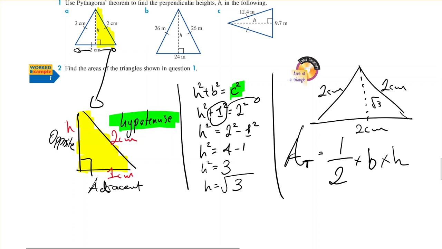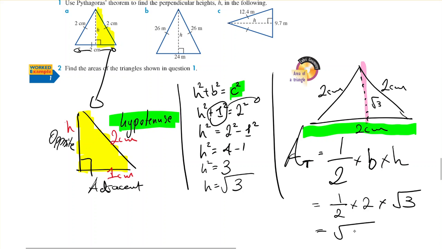Now that we have got the height, we can calculate using this formula. So, this area of the triangle is a half times 2 centimeters. I take this whole base here, the whole base times the height, which is root 3. And your answer should be just square root of 3. Is that right? And that's your answer.